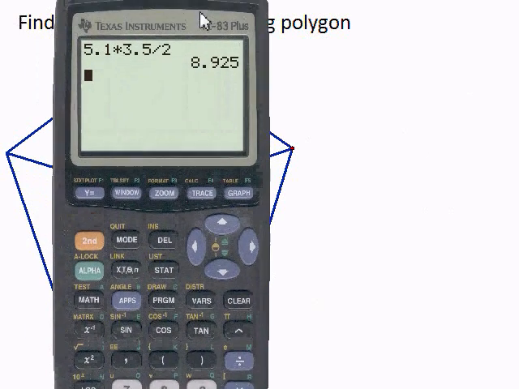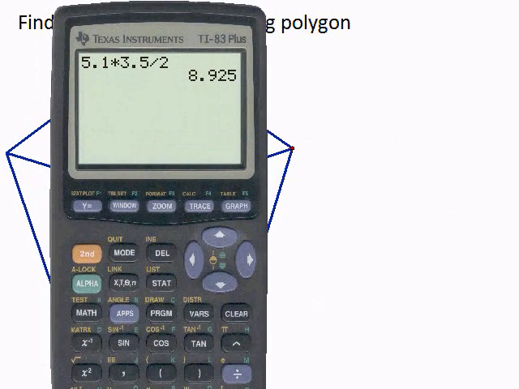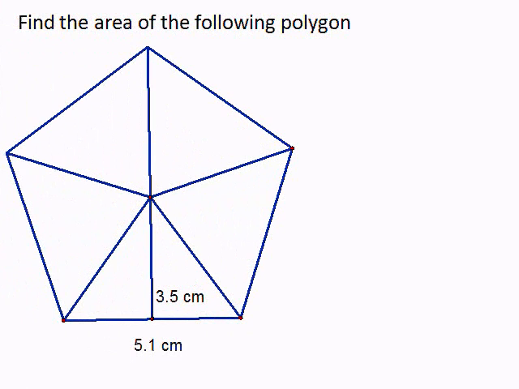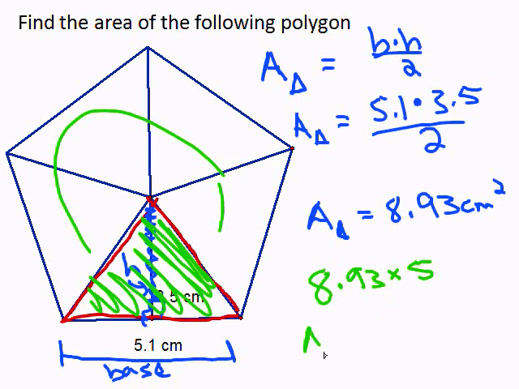So we grab our calculator and we go 8.93 times 5, press enter, and we get 44.65 as our final answer. So the area of the polygon is equal to 44.65 centimeters squared.